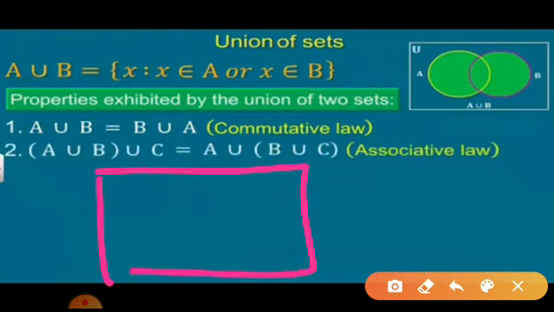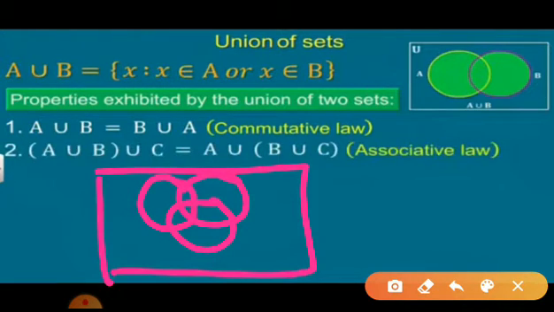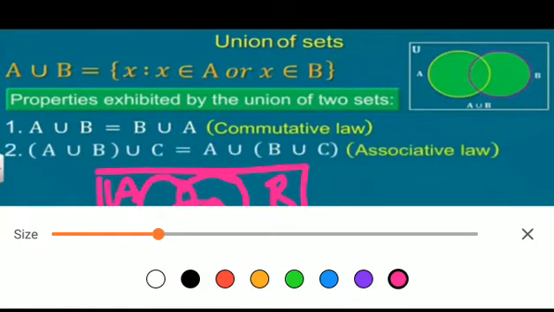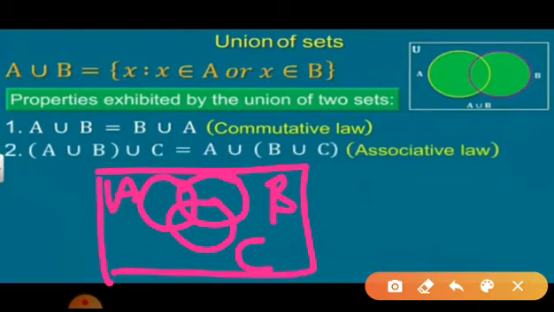Now suppose this is A, this is B and this is C. Now A union B will be the set, yes, this is my whole A and this is my whole B. So this is A union B. Then if I take its union with C, will I get it as A union B union C?